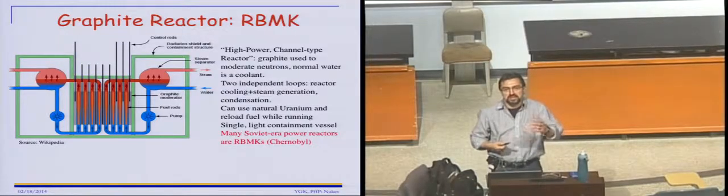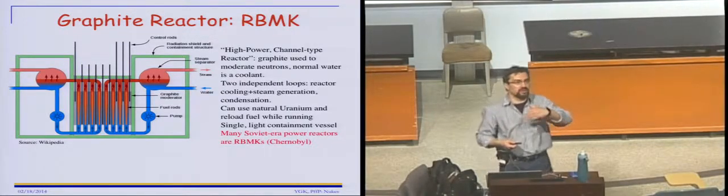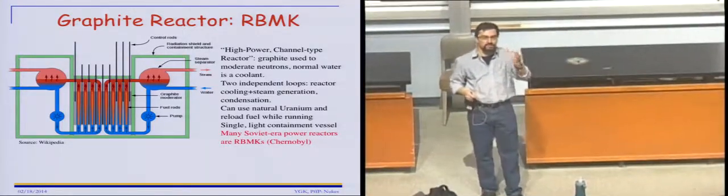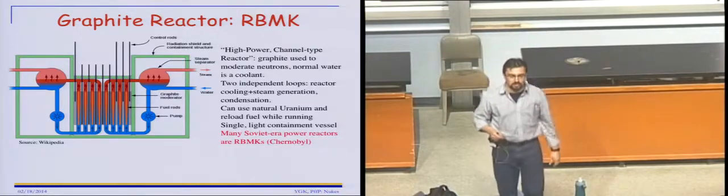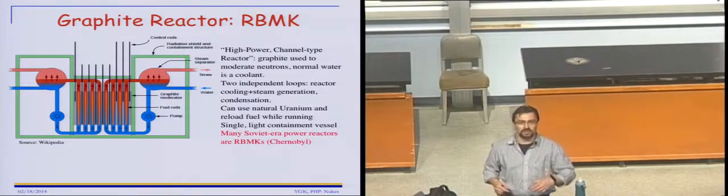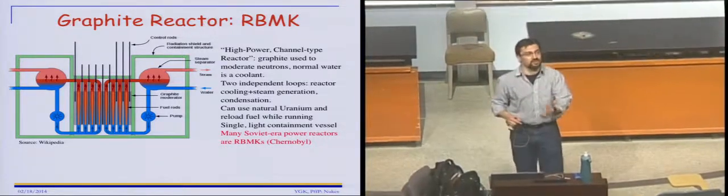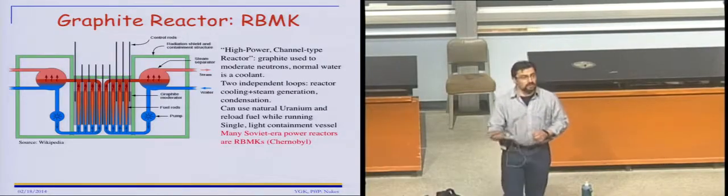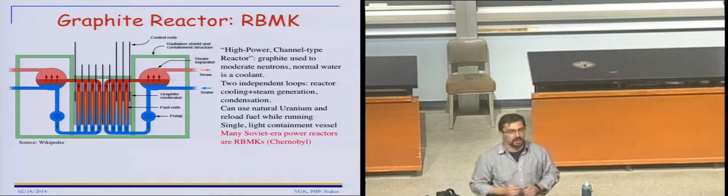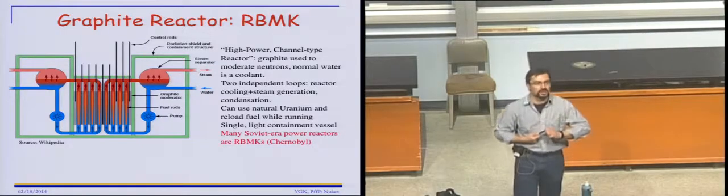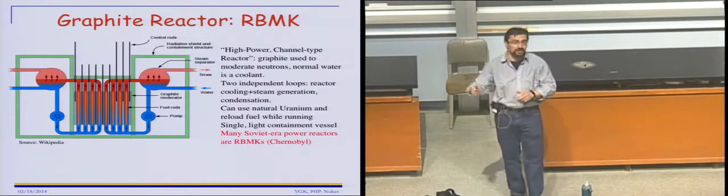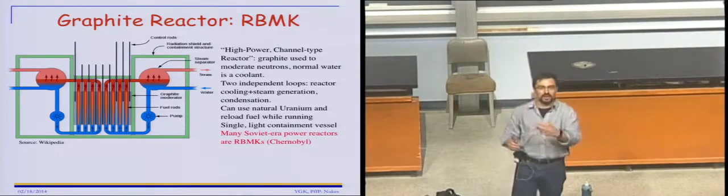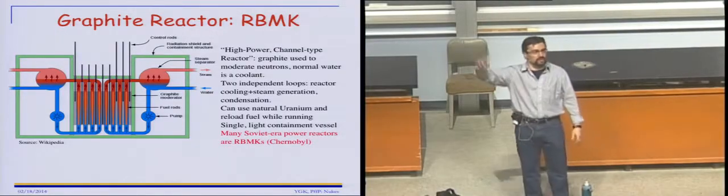And so chances of that power dropping to 25% of its normal capacity, 700 megawatts or so, are small. You can make sure this doesn't happen by computer control, by human intervention, and so forth. You can design safety features into the reactors that would prevent these runaway conditions. But if you operate at very low powers, at the powers that were actually observed in the Chernobyl accident, about 30 megawatts or so, a few percent of its normal capacity, it was subject to runaway conditions where the power output could fluctuate wildly.